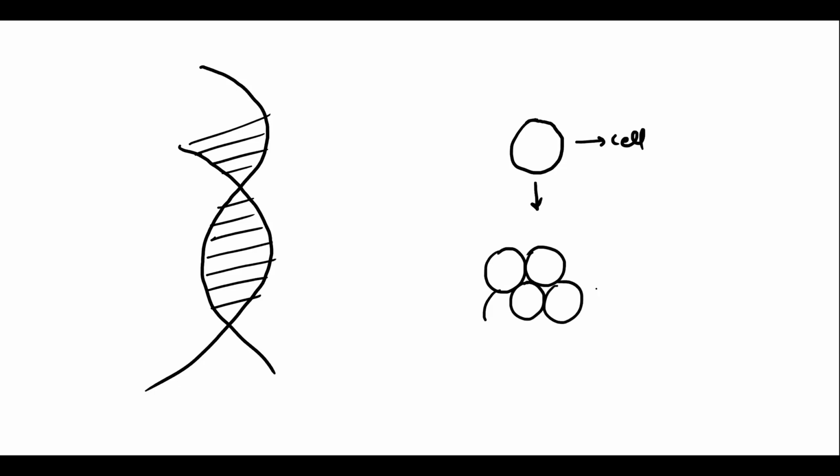For example, this is a cell. When a group of cells joins together, they form a tissue.